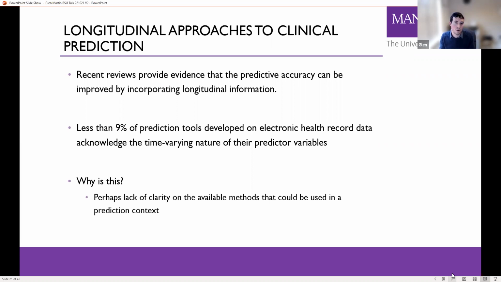And so a question of interest could be, well, why is that? And what we're proposing is that there's perhaps a lack of clarity on the available methods in this space in a prediction context, and particularly for more applied researchers, tackling this literature can be quite a challenge.